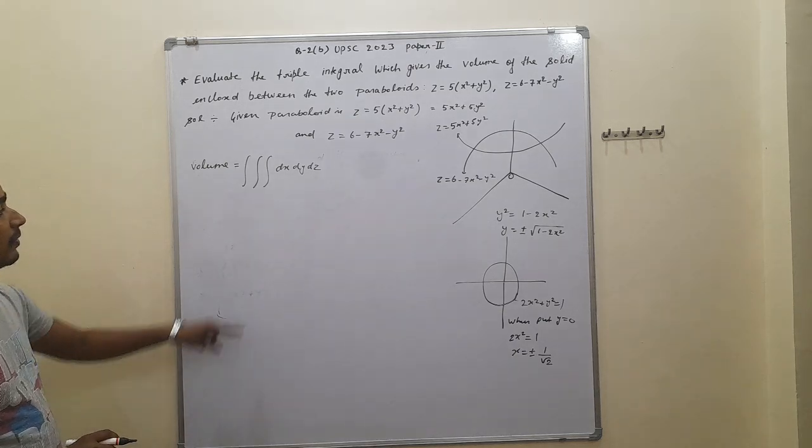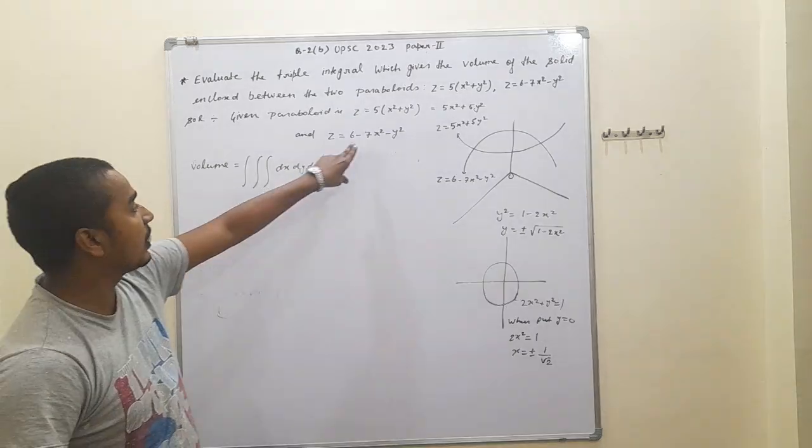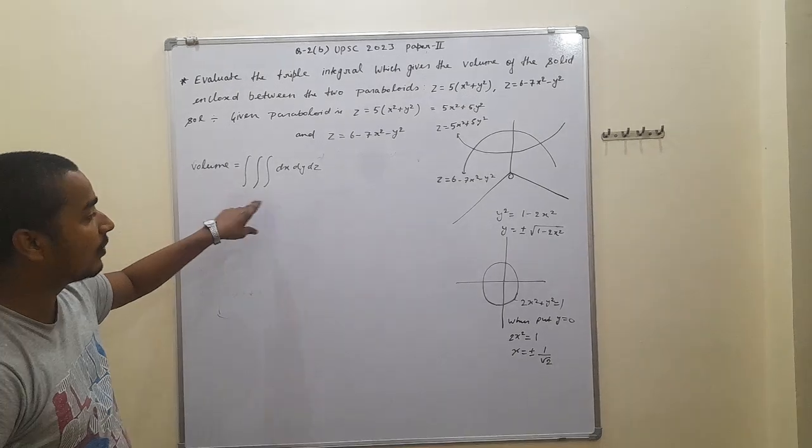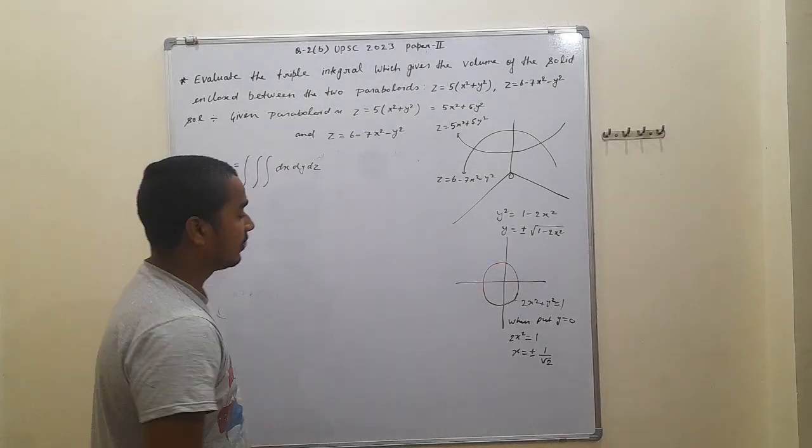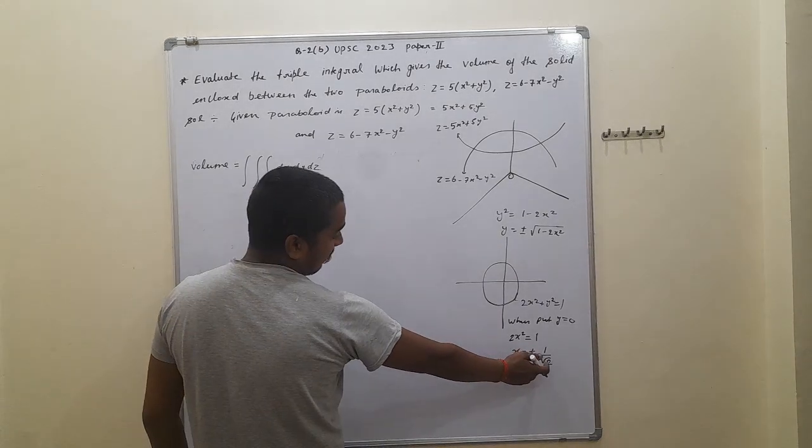Here the limit of z is the given paraboloids, the limit of y is plus minus under root 1 minus 2x square, and the limit of x is plus minus 1 upon root 2.